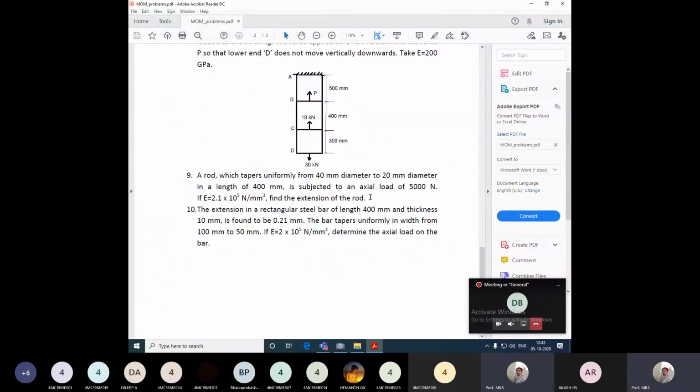Okay, now the ninth problem is on circular cross section, tapered rod.